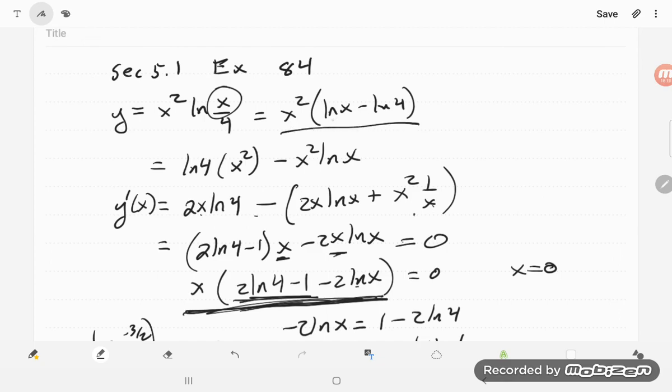So I had x squared natural log of x minus log 4, and then when I rewrote it, somehow I switched the negatives. Bummer. So, everything would have worked out the same for the zeros. That's why we're okay there. But that was wrong.